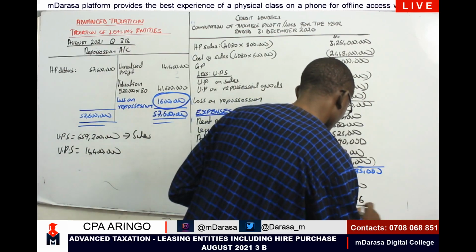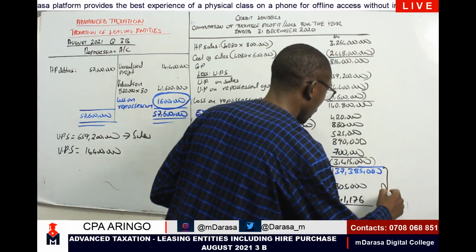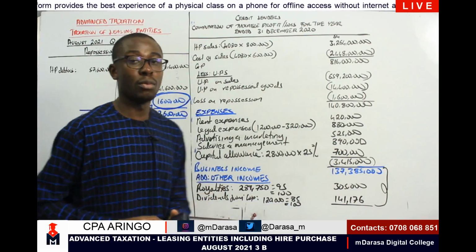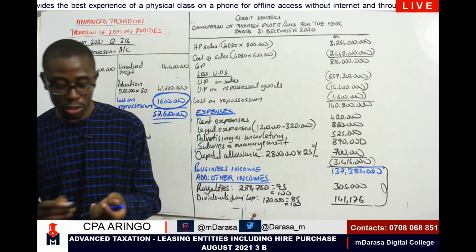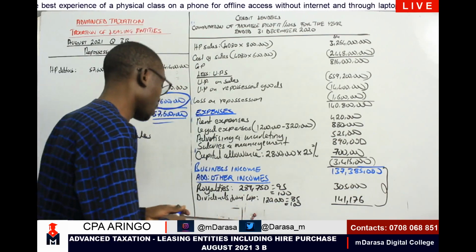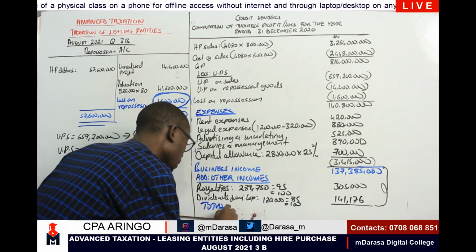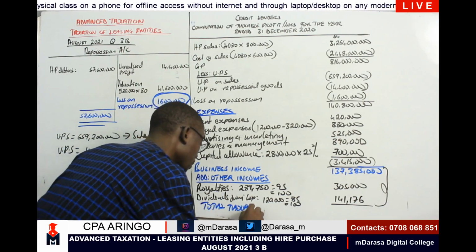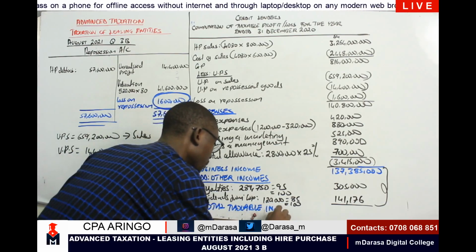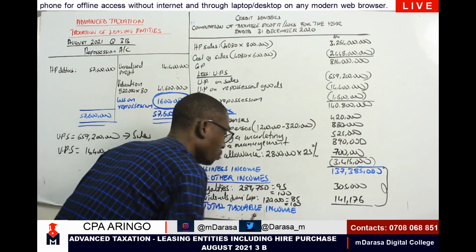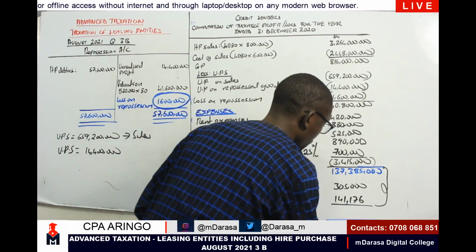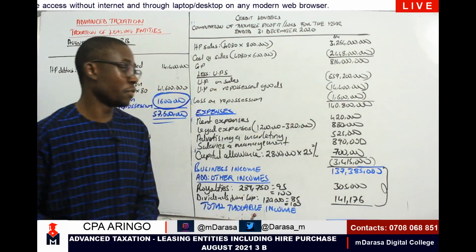So at the end of the day, what will be our total taxable income? We sum up our figures there.